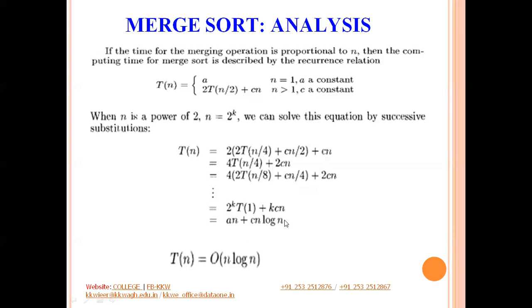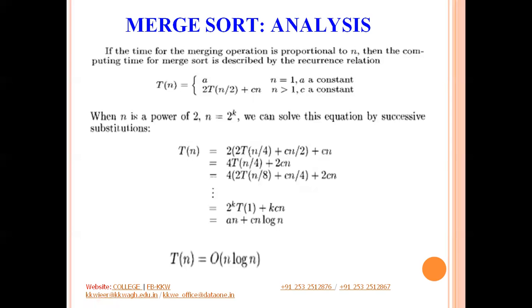So that is the reason we can justify that the time complexity of this merge sort algorithm is big O of n into log n. That is the worst case analysis of your merge sort.